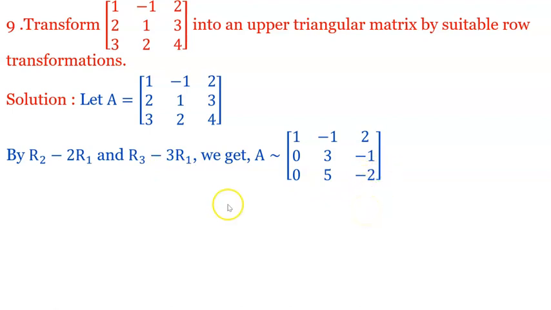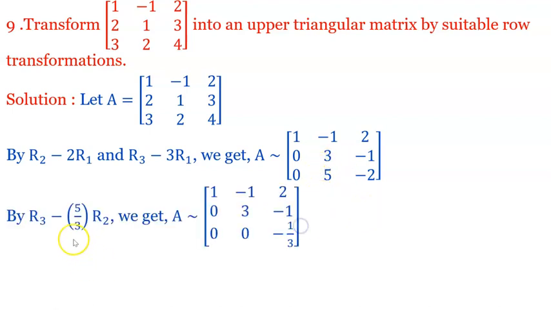Next operation is to make this 5 a 0. For that we have to apply the operation R3 minus 5 by 3 into R2. That is 3 into minus 5 by 3. 3 will get cancelled. 5 minus 5 will give 0. There is no effect on this element, because here is a 0.